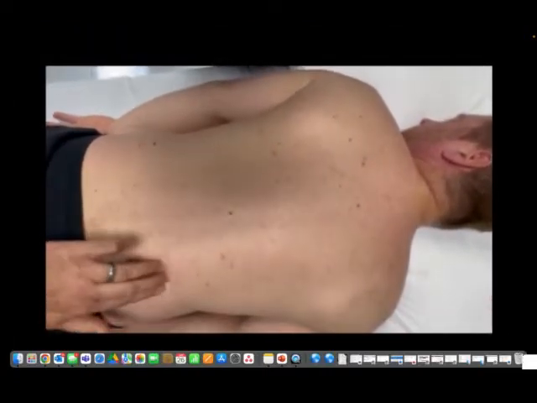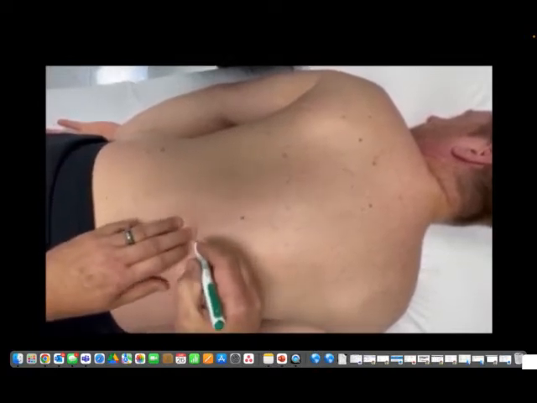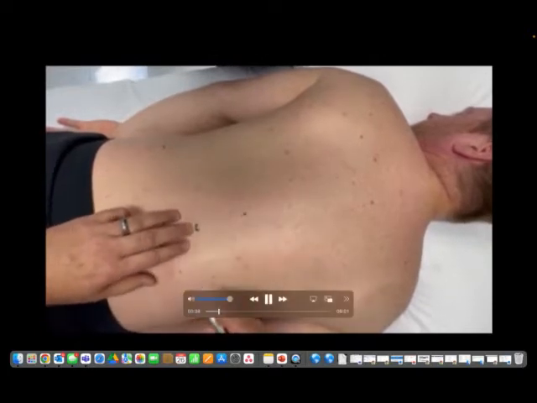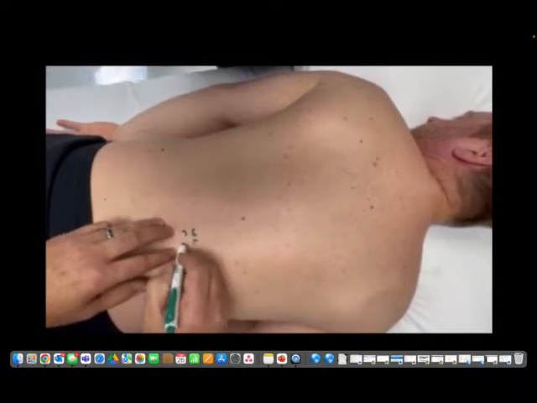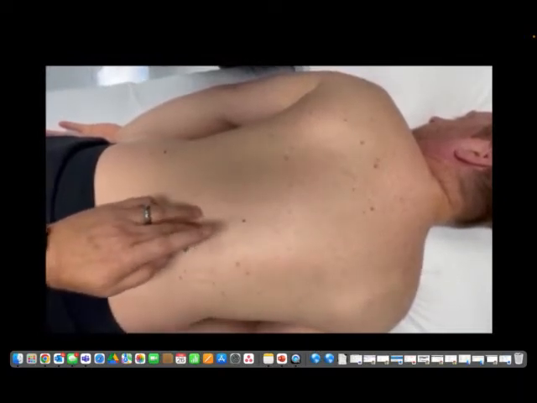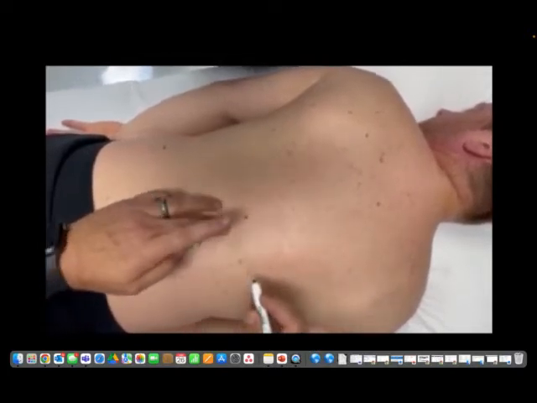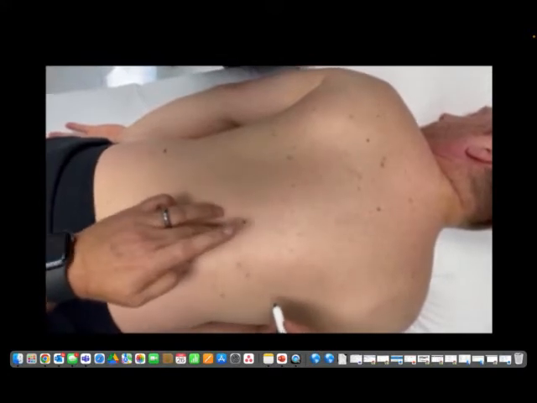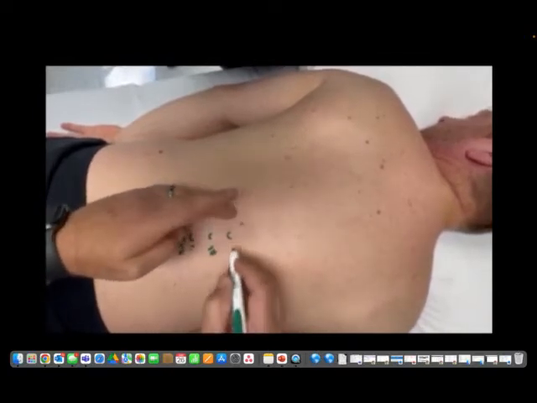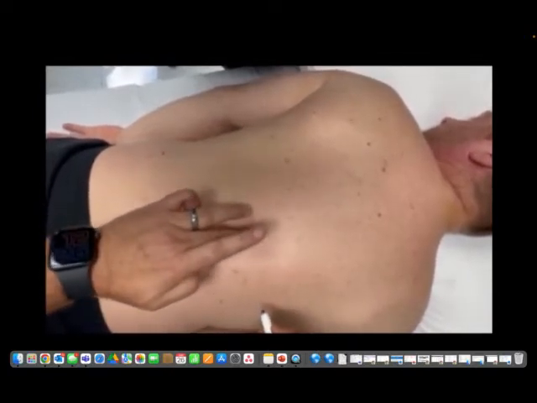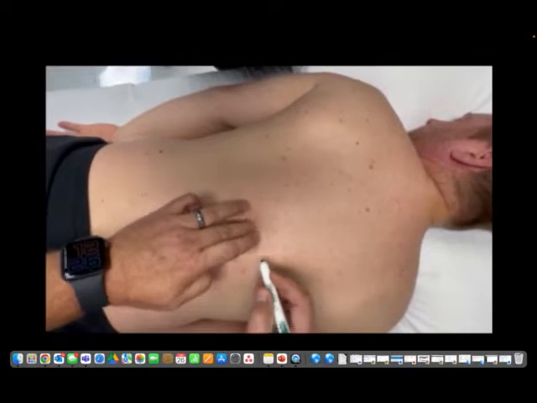So let's identify that. And I'm just going to palpate for the interspinous space. And so here's the inferior aspect and the superior aspect. So here is 11, here is 12. Quite simply, we can now follow these ribs, these spinous processes, as we come more cranial. And in the thoracic spine, there can be quite a distance between.